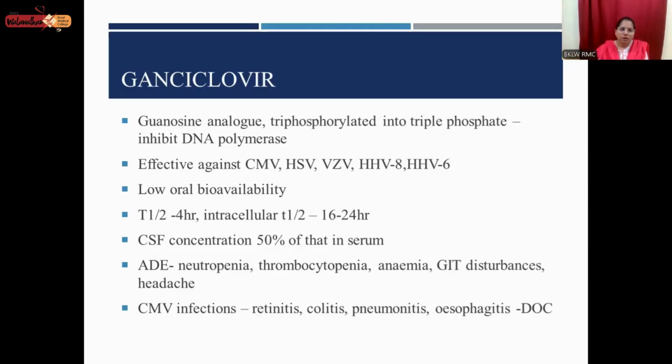In all these cytomegalovirus infections, ganciclovir is a good drug or the drug of choice. It produces adverse effects mainly related to blood counts, that is reduced neutrophil, platelet, and RBC counts. GIT disturbances and headache are also seen with ganciclovir.